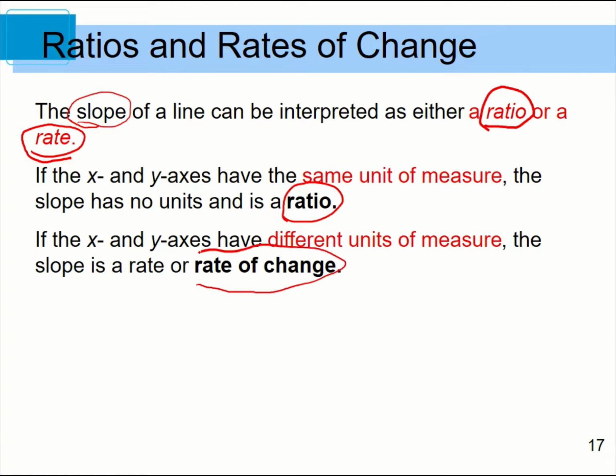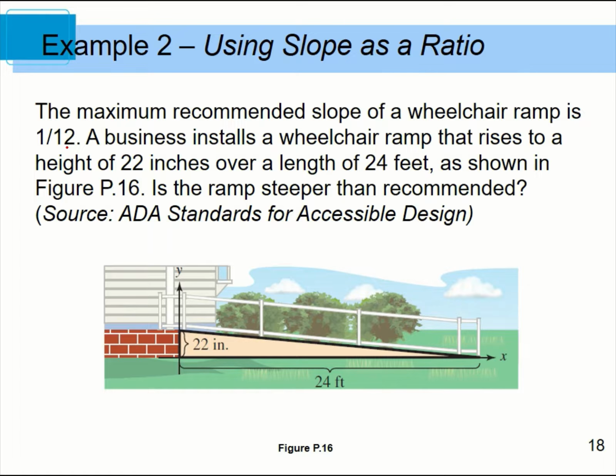Now, Example 2 here shows that using the slope, we interpret the slope as a ratio. The maximum recommended slope of a wheelchair ramp is 1/12. What does that mean?